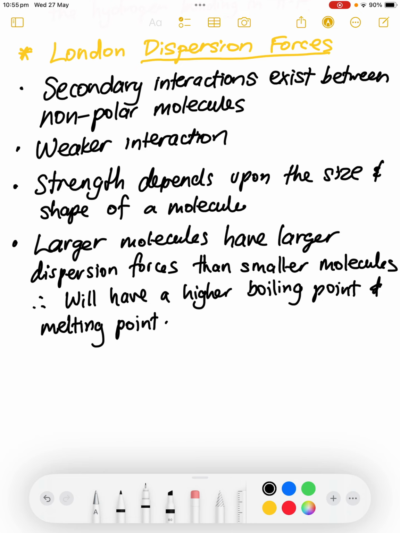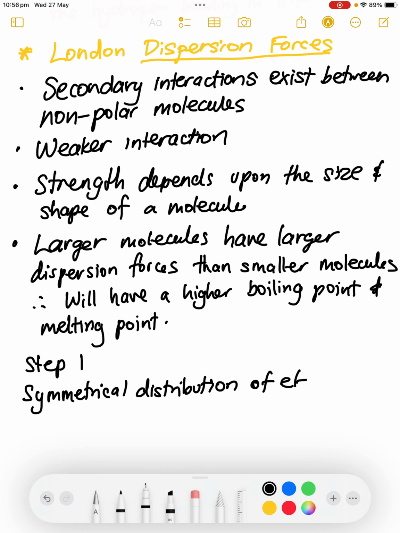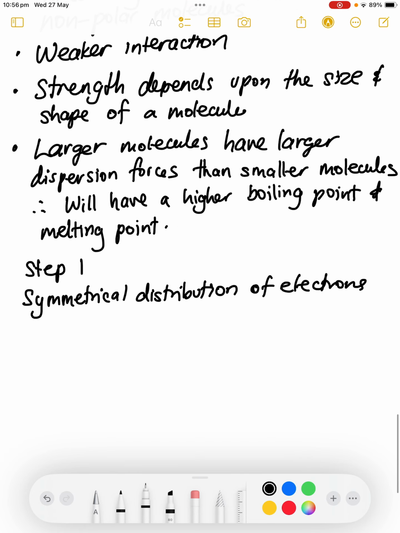And you can see something here. Okay. So now, you have a symmetrical distribution of electrons here.